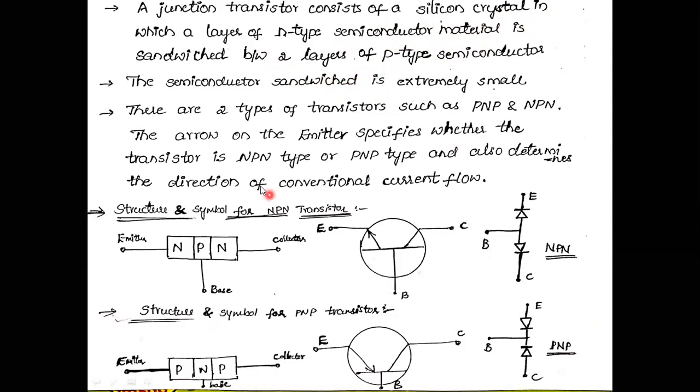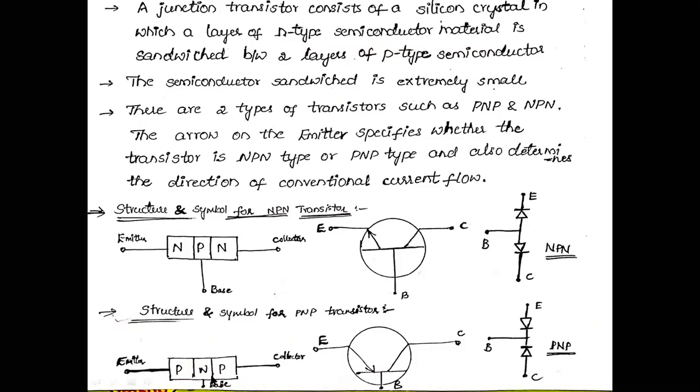That means n-type semiconductor material between p-type, it is talking about the PNP type of transistor. These are p-type, n-type and p-type semiconductor materials made up of silicon, in which the layer of n-type semiconductor material is sandwiched between two p-type semiconductor materials.